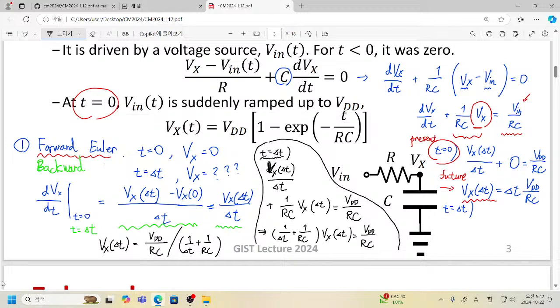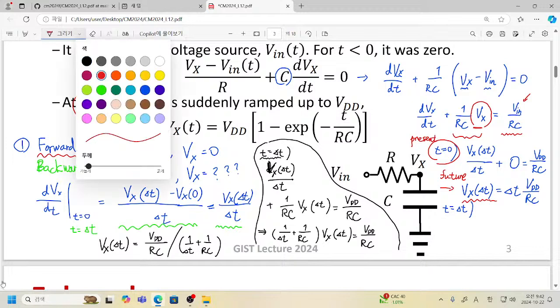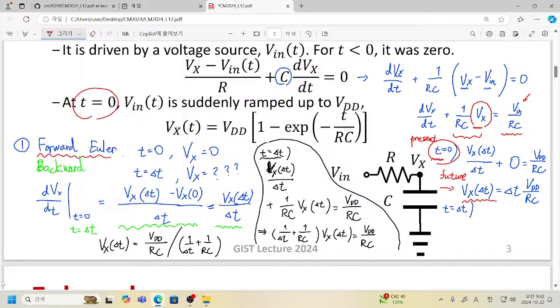Point is, please have a look once again. Previously, when we consider the forward Euler method, from the evaluation of our equation at t equals 0, now we get the future value at delta t. And please have a look at now this backward Euler.